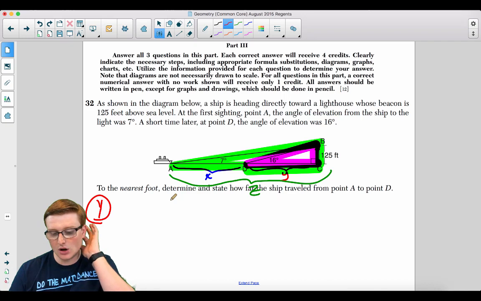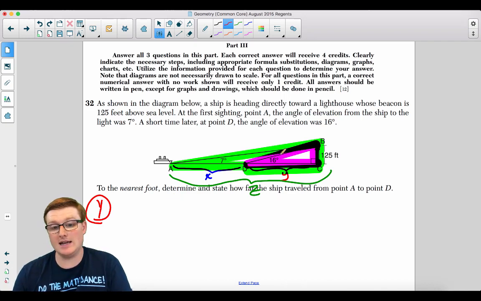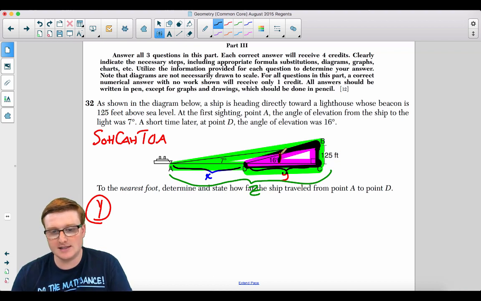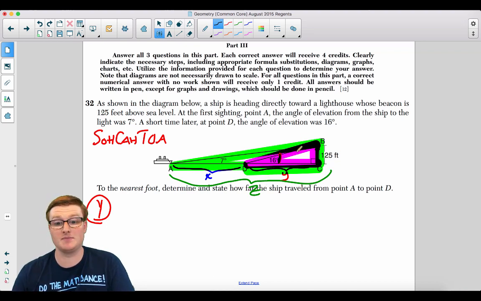To find the distance of Y, I need to figure out what to use. Well, first and foremost, I need to use SOHCAHTOA. That's number 1. This angle over here, that's 16 degrees, is your reference angle. Your opposite side is 125, and your Y is your adjacent.